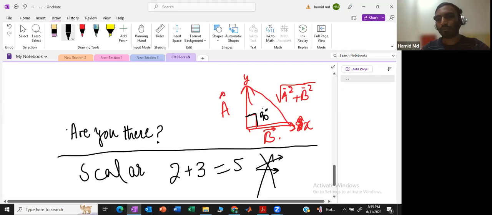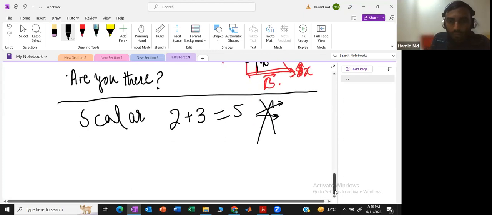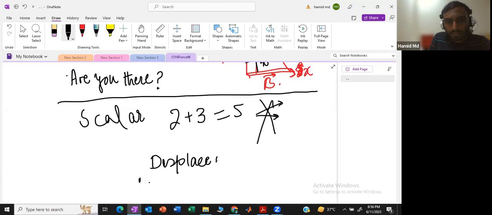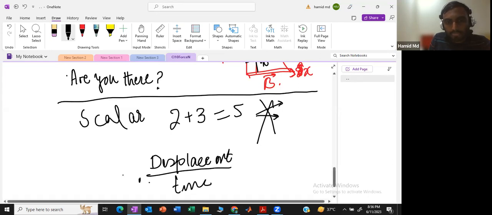Acceleration. Don't worry. So as you said, displacement over time is your velocity.